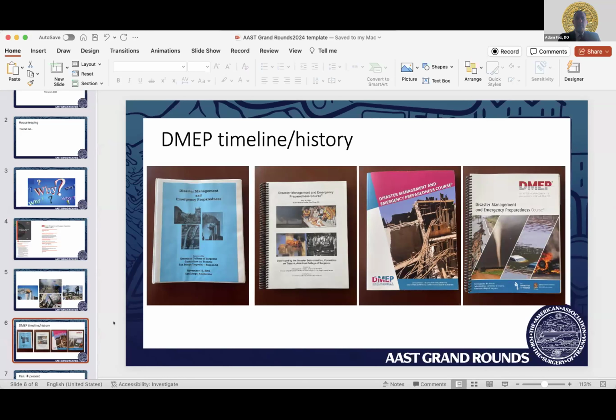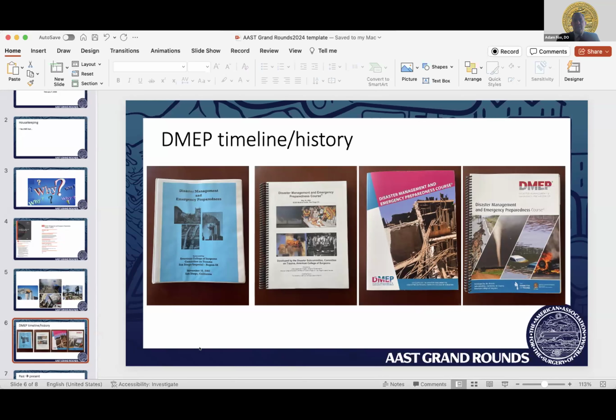Here you can see some early versions of the actual DMEP course. The first version of the course came out somewhere around 2003, and I'd like to acknowledge and thank Jay Doucette for providing me some of these pictures and some of the information. But the first version was in 2003.